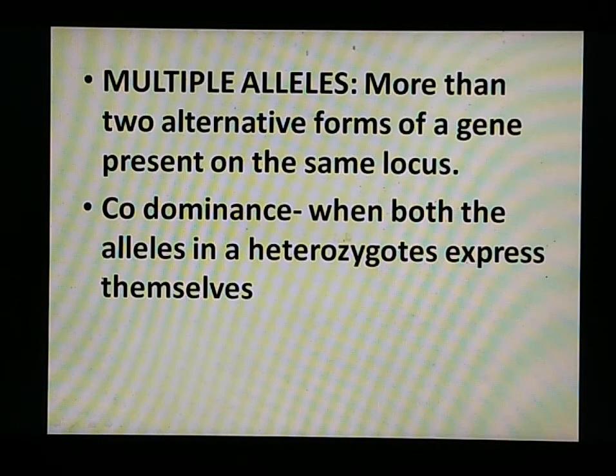When both the alleles in the heterozygotes express themselves. Now, in order to understand this statement, we will take an example of blood groups in some individuals.